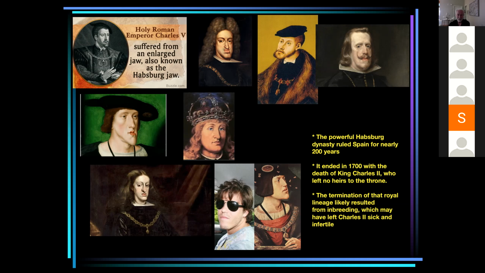Now, I've chosen a bunch of pictures of people from that royal family, his heirs, several generations. They all had one form or another of the Habsburg jaw. And in fact, you can even see what resembles a Habsburg jaw in the population today, as you see in the bottom center.